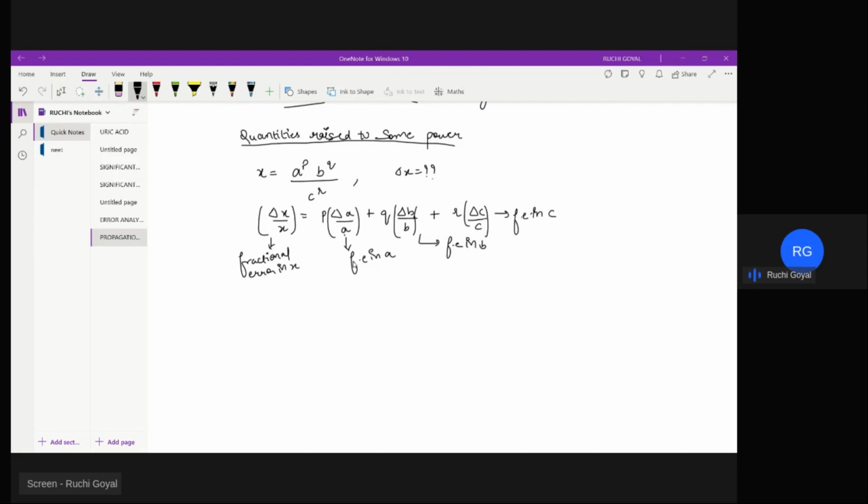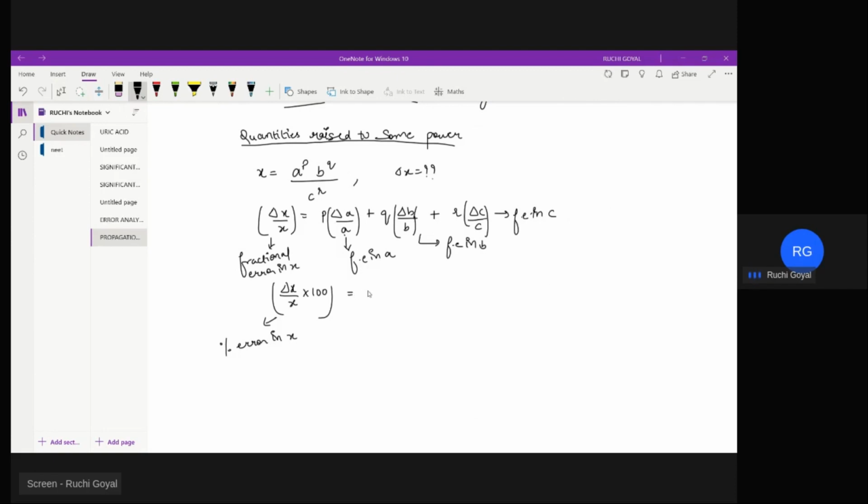Okay, if we have to find percentage error in x, then we will multiply delta x by x into 100. So this will become percentage error in x. All these we have studied in the last class in the error analysis video.